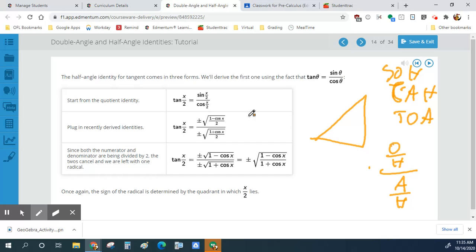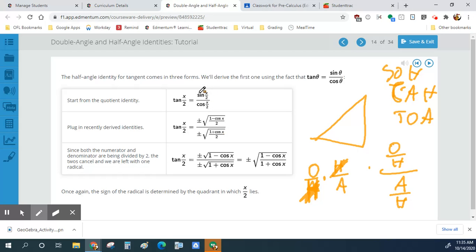So our sine, our SOH, divided by our CAH. And the reason why this works is whenever you're dividing fractions, you multiply by the reciprocal. O over H times H over A. And that's how you get that TOA, that O over A. So that's why it's sine over cosine.